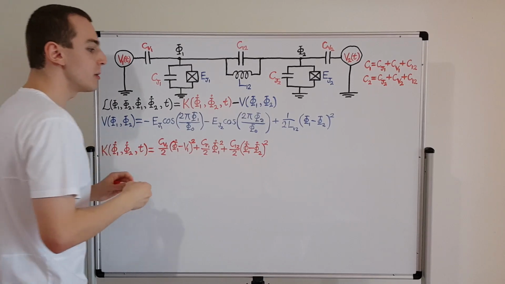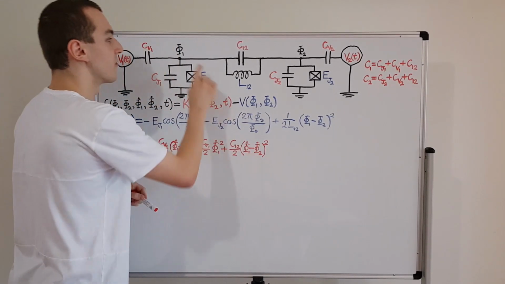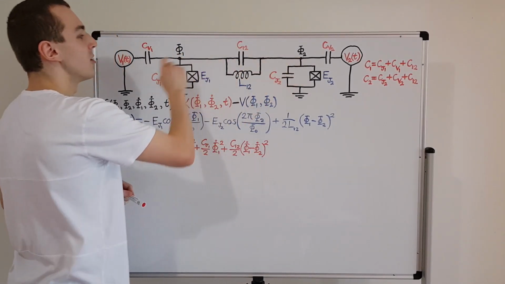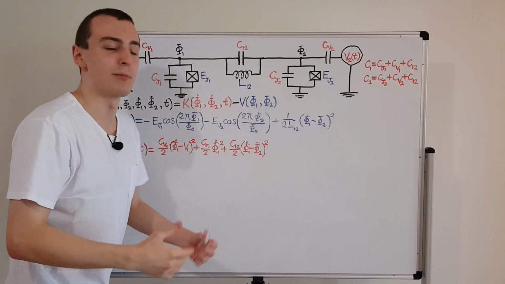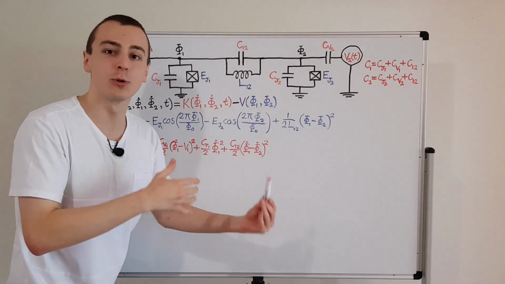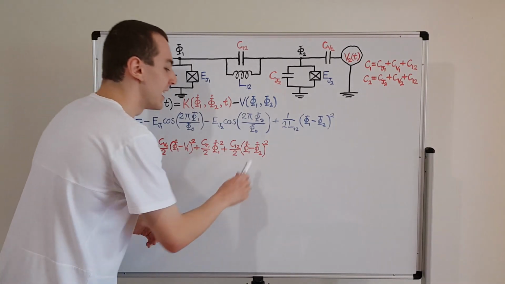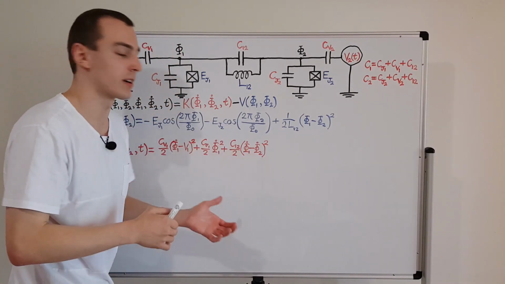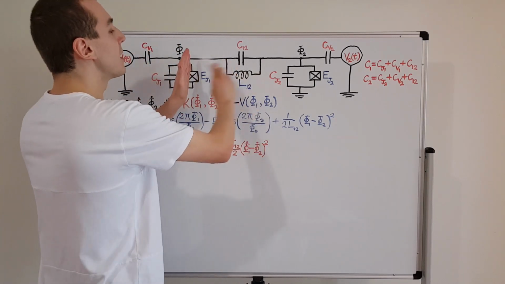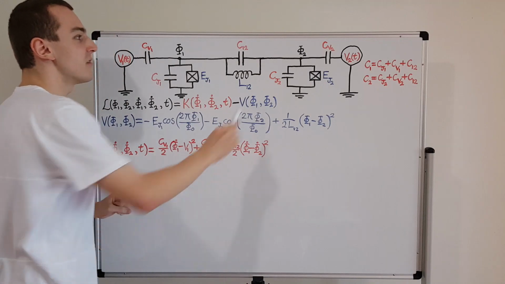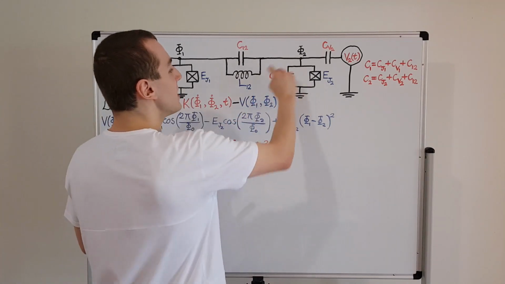You can see we're taking the difference of those velocities from over here and over here. And when I say velocity, I'm saying that in an analogous way, making an analogy to a mechanical system. But really this is the time derivative of the flux, the phi dots. So this is the contribution that the coupling capacitor makes, and we just have two capacitors left. Let's take care of this capacitor first.